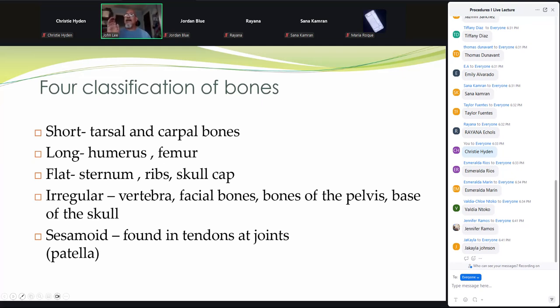It's just that one dimension is smaller than another dimension by a great deal. Irregular bones include the vertebrae, facial bones, bones of the pelvis, and those that make up the base of the skull. Sesamoid bones are typically found in tendons at joints, the largest of which in the human body is the patella.